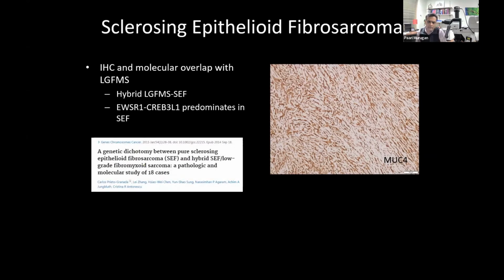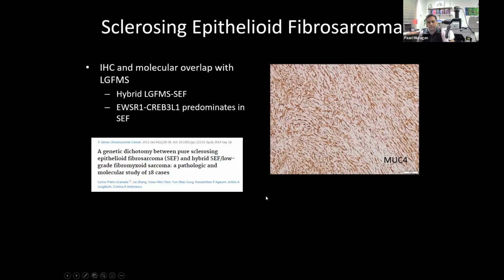And there has been a really good paper that's published that showed there are cases of LGFMS that show hybrid features between LGFMS and SEF. And in these cases, even though you often see the FUS gene translocated with the CREB3L2 or L1 gene, predominantly, especially if the case has more of SEF features, you will see an EWSR1 translocation with the CREB gene.